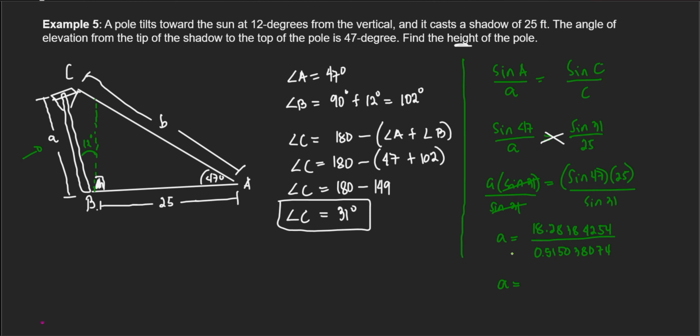Now, para makuha natin yung height ng pole natin, so you just have to divide 18.2838425 4 divided by 0.515038074.